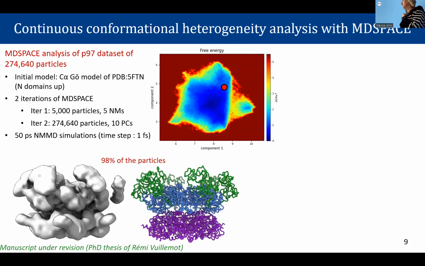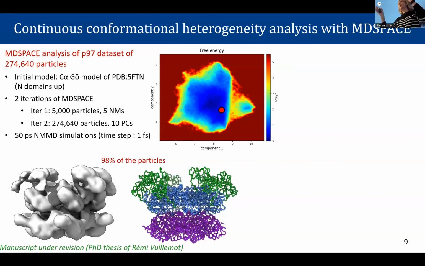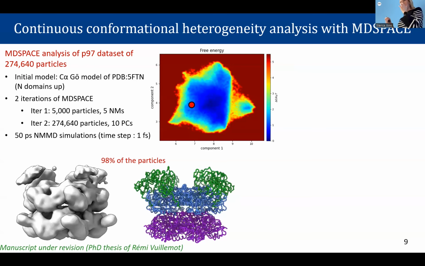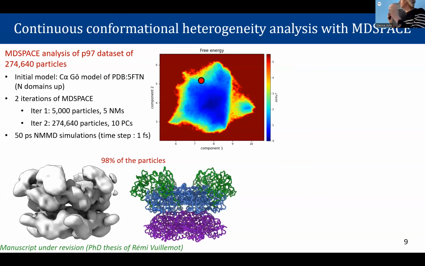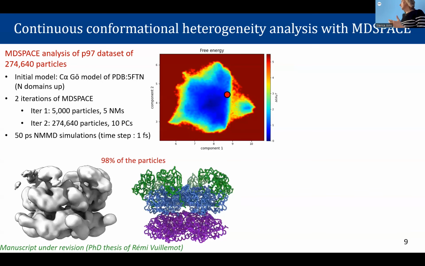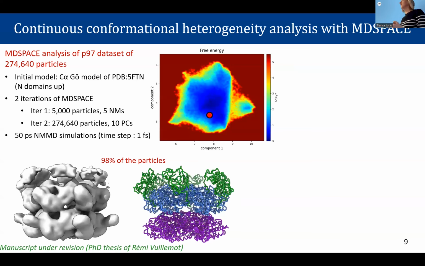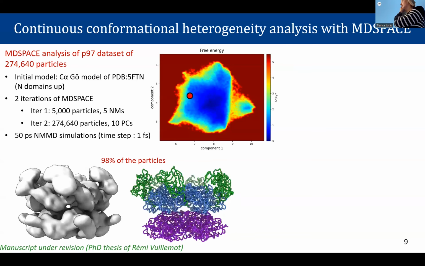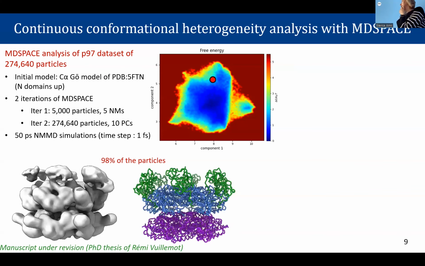So this is what we call conformational space. Here you see free energy. There's some conversion now between this cloud of points that I presented you previously and some measure that we call free energy. I can show you the formula if you want, but basically you can understand that the blue regions are the regions that have the highest density of points, meaning the conformations here are more present, or more probable, if you want.